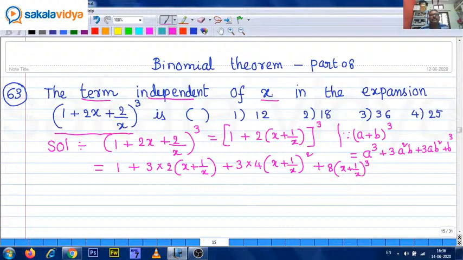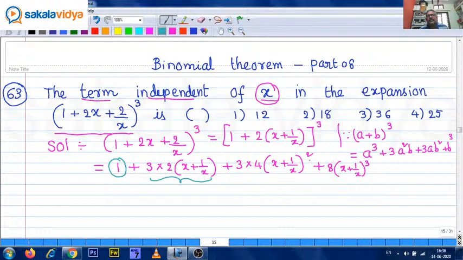So now we need to pick up the independent term. In the first term, 6x + 6/x, we don't have any independent term. So here the independent term is 0, so you can neglect this one.